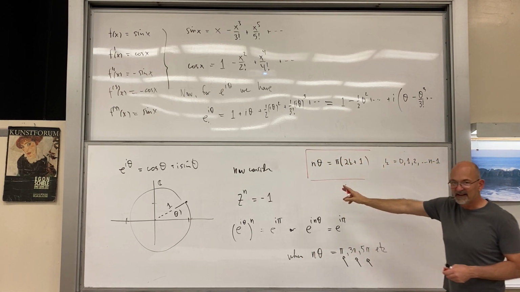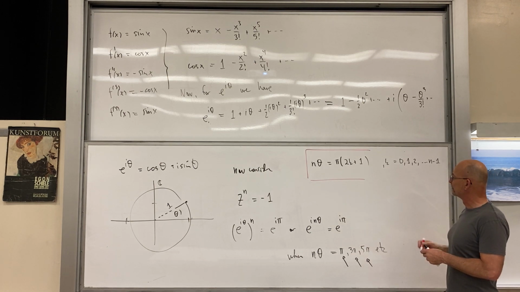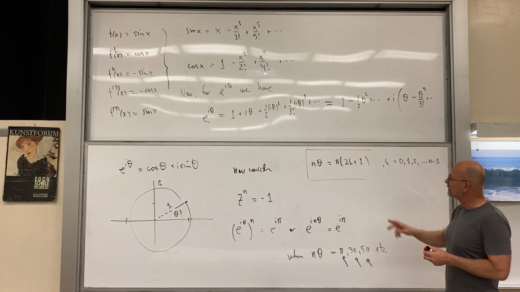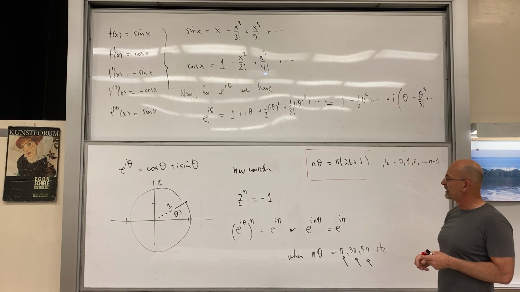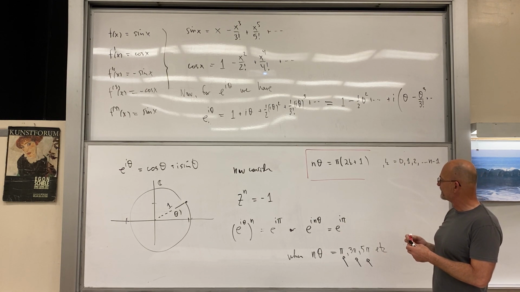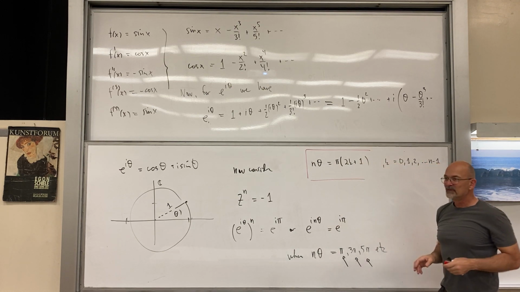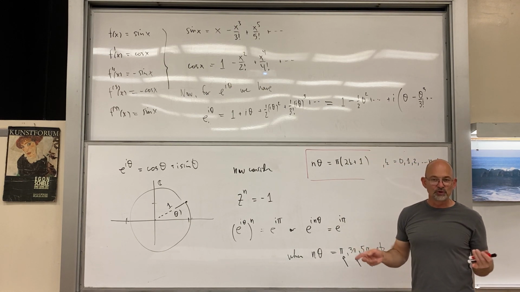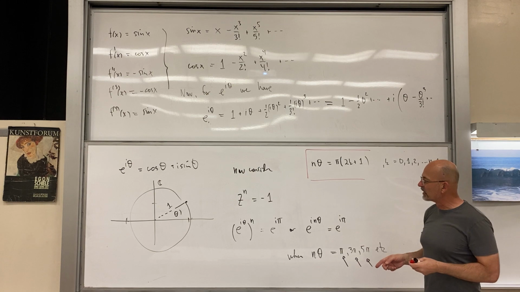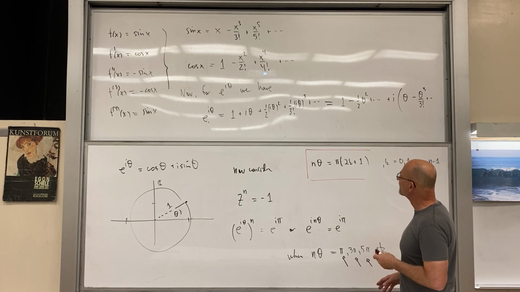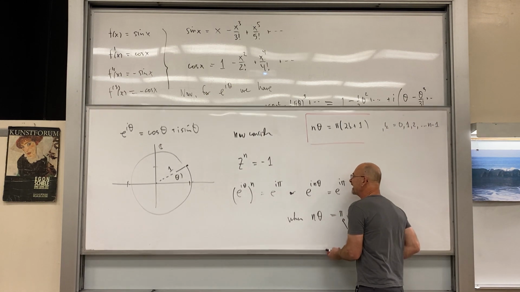Divide both sides by n, and then you have theta. You want to test this formula for n equals 2, n equals 3, n equals 4, where they're easy to draw. Let's go ahead and test it for n equals 4.